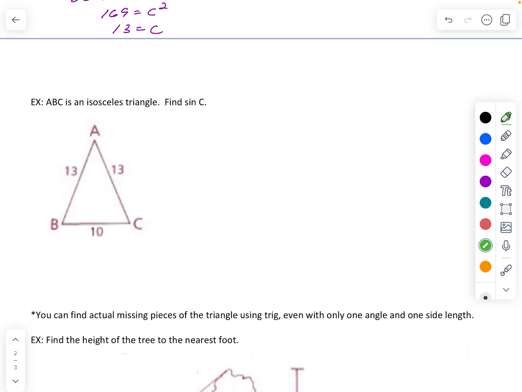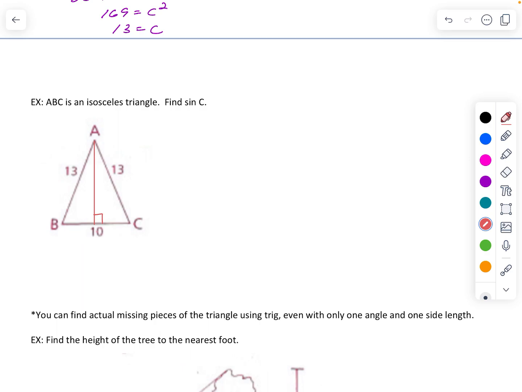All right, now we have an isosceles triangle. If we bring that down, we need to create a right triangle, because we need a hypotenuse and we need a right triangle to do trigonometry.